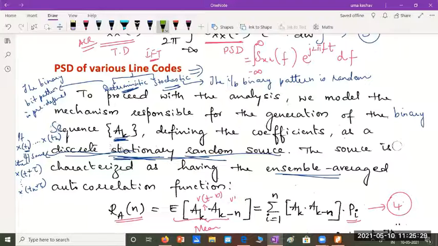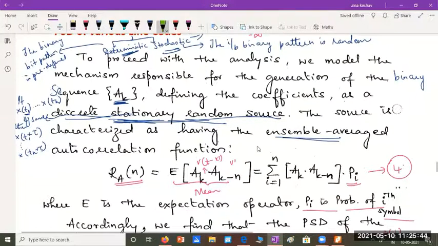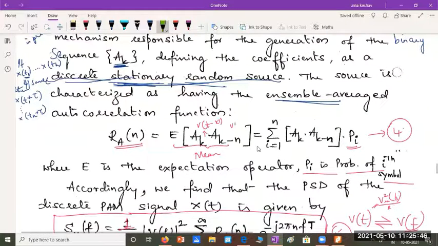We are calling the binary sequence a_k, represented in terms of its amplitudes. The coefficients, ones and zeros which are generated, are considered as a discrete stationary random source. This also I explained to you. What is the meaning of discrete? What is stationary? Each one I have explained.